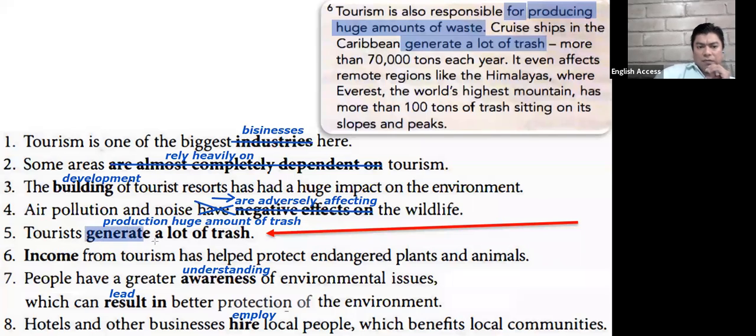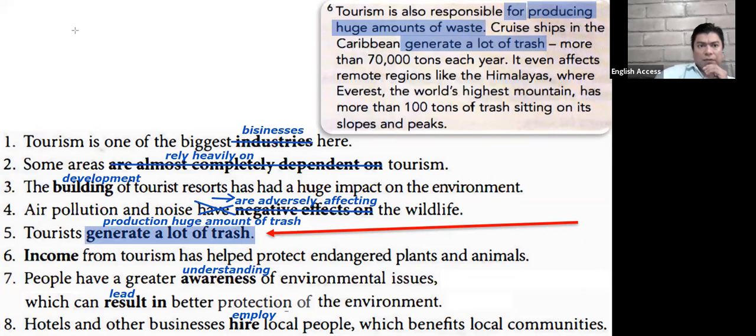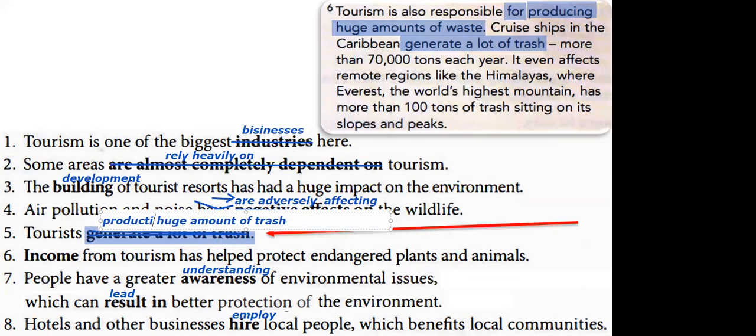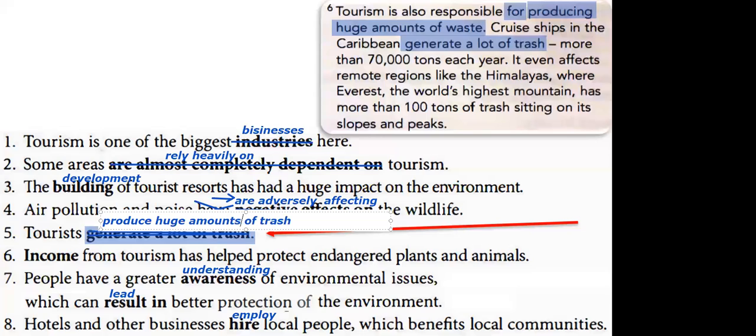Tourist. How can I change that? Produce. Take that one. Produce. Yes. Produce. Continue. Huge amounts.